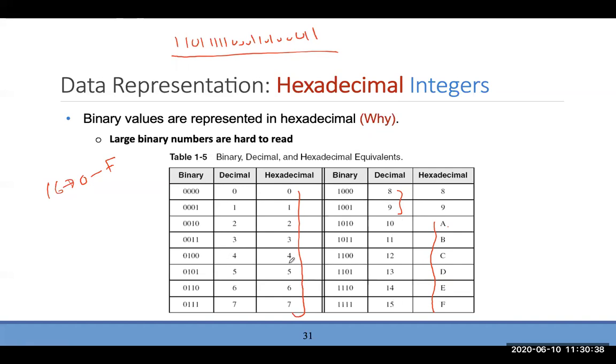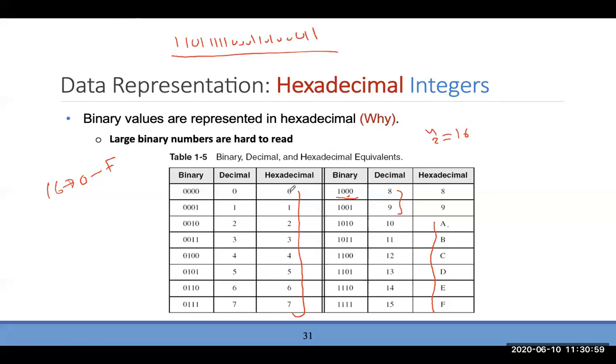Okay? And you notice that each hexadecimal symbol is going to be represented by what? 4 binary digits right here. Why 4? Why is hexadecimal represented by 4? Because 2 to the power 4 is going to be what? 16. Isn't that what we need? Because we have 16 symbols if you count them, right, guys?